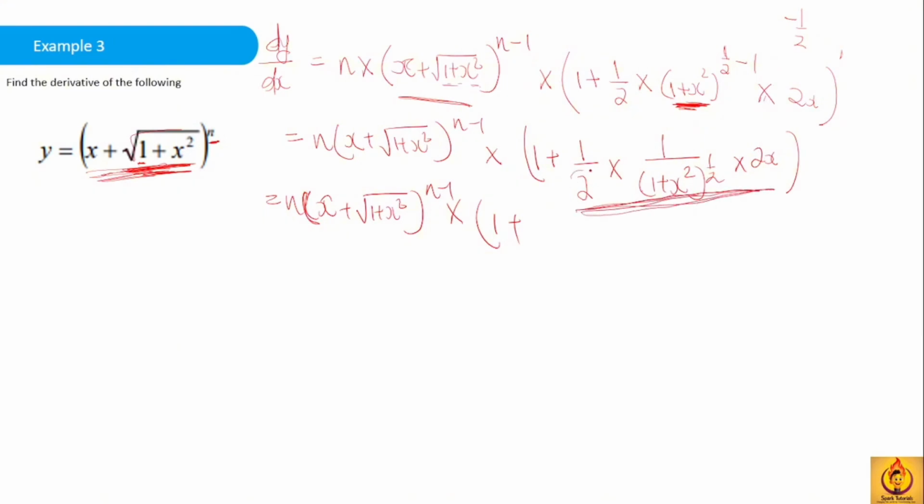This 2 is a denominator, this 2 is a numerator, so they cancel each other. Now we're going to have this x, because this x is a numerator as well. You must remember this is divided by 1. So it's going to be x multiplied by 1 multiplied by 1, which is x, divided by 1 plus x squared to the power half, which can be expressed in this form. Close bracket. This is plus.